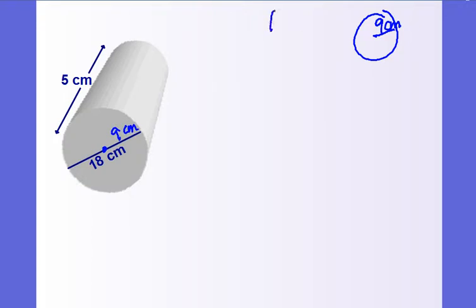So I need to find the area of that circle in order to find the area of my base. Area of a circle is pi r squared, where r stands for the radius, and for pi we're going to use the pi button on our calculators.